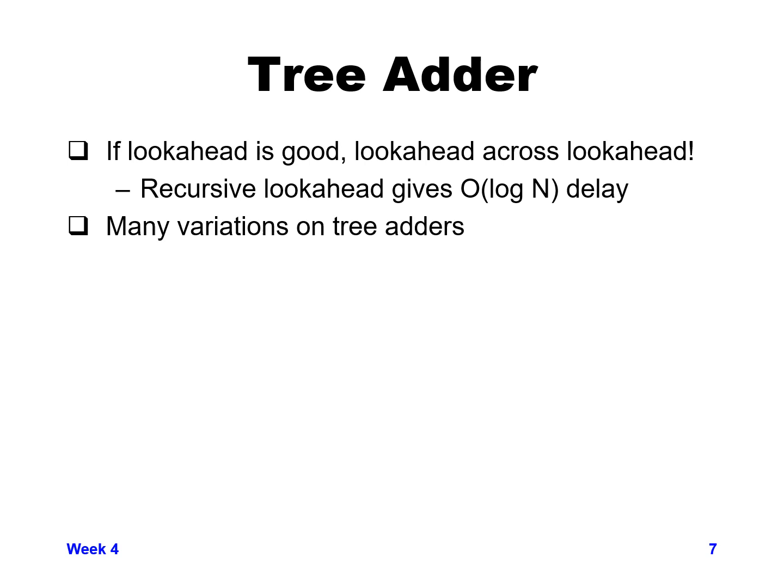So how about we try using a look ahead across the look aheads? If we do something like that, basically a recursive look ahead, instead of getting a square root of n, we can get kind of a log of n delay through an adder. So next we'll be talking about tree adders where we do look ahead across look ahead.